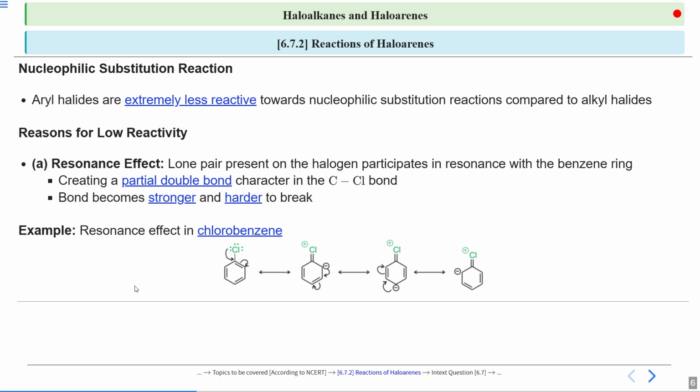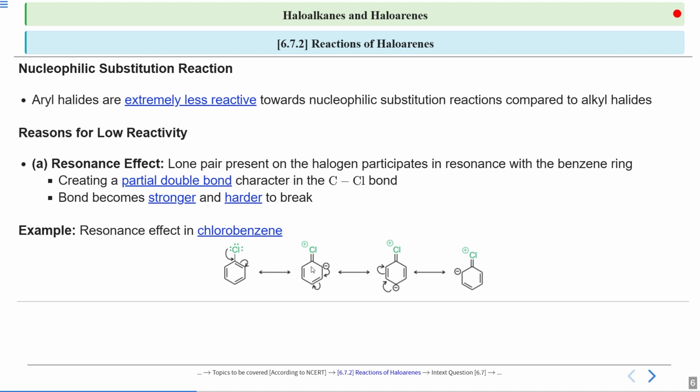Okay, so this is a chain, or you can say this is a resonance effect you can observe when a chlorine atom is bonded with the benzene. So as I said, the resonance effect in chlorobenzene is described in this image step by step, and you can see clearly that there is a partial double bond character in the carbon-chlorine bond, due to which this bond becomes stronger and it becomes very hard to break it for the attack of the nucleophile.